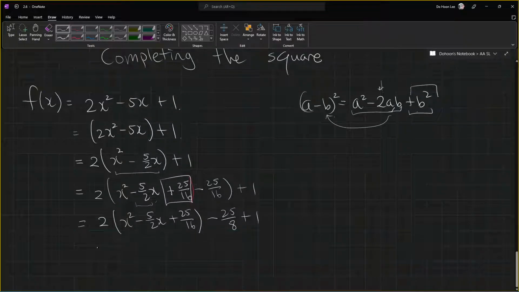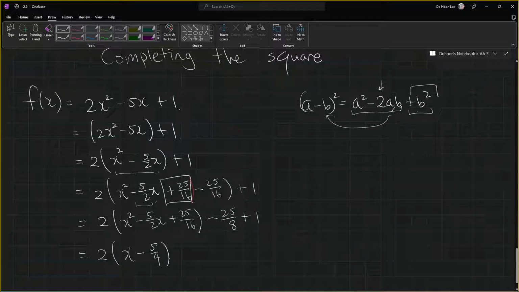Almost done. Because I forced my bracket to be a perfect square, I know that this can be written as (x minus 5 over 4) squared, which is half of 5 over 2. And then minus 25 over 8 plus 1 plus 8 over 8, so that means minus 17 over 8. And voila, we have a vertex form now.